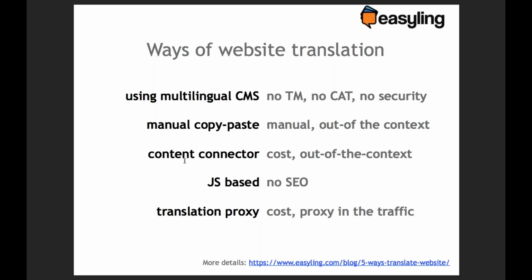Two problems with it. First, a content connector is not free. It costs money, and depending on what content connector the client uses, it can be huge, it can be reasonable, but it always costs a lot, and it also requires IT skills and engineer hours, because every time they update the content management system, this content connector must also be updated.